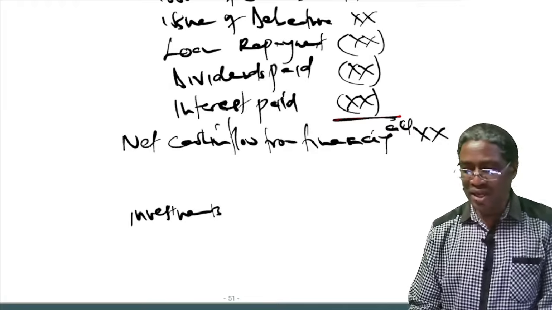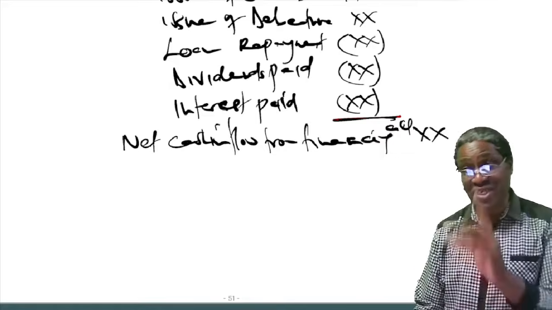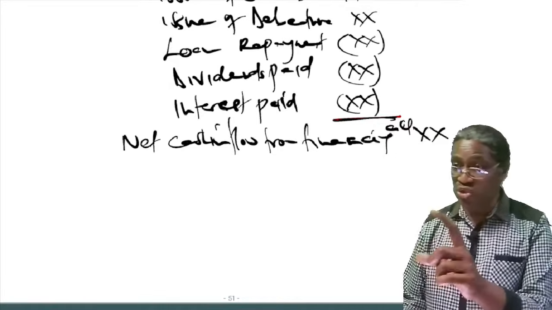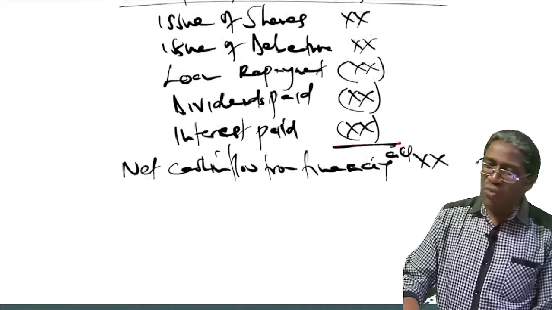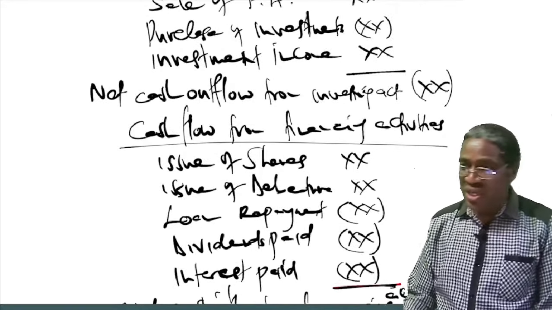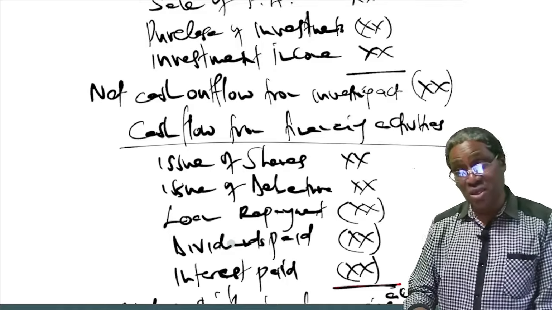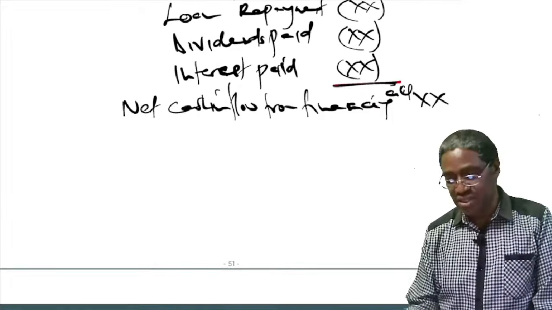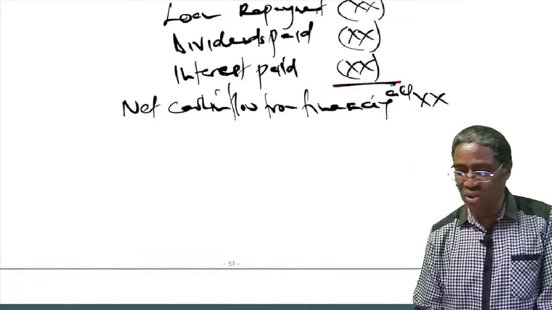Good. Then once you have identified the three categories, I hope you remember, I told you, get the net of all the three categories. That is the operating, the investing, and the financing. Get the net of the three, whatever you will get here.